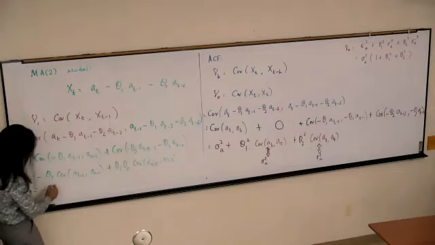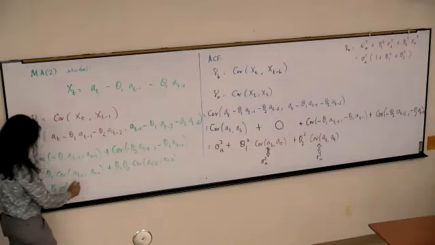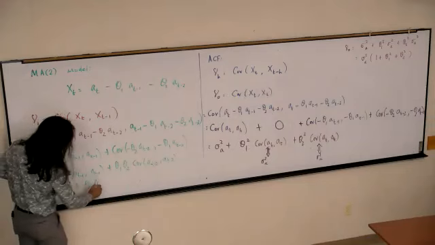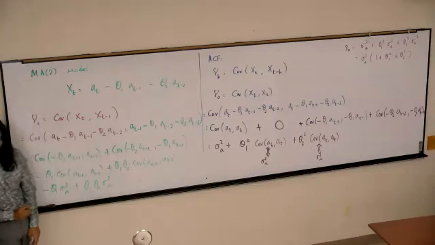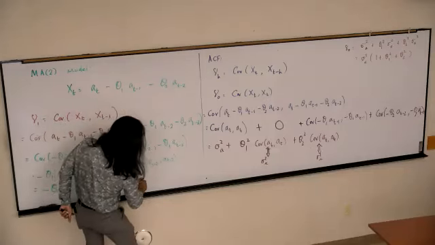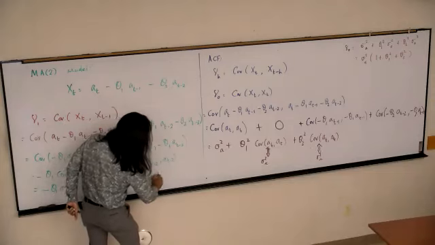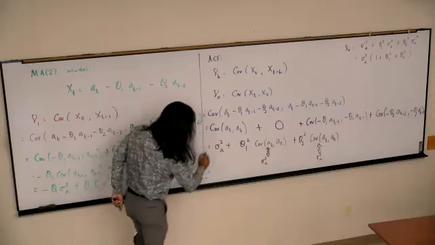So negative theta 1 sigma squared a, plus theta 1 theta 2 sigma squared a. What do we have in common? Sigma squared a. If I pull that out, negative theta 1 plus theta 1 theta 2, times sigma squared a.